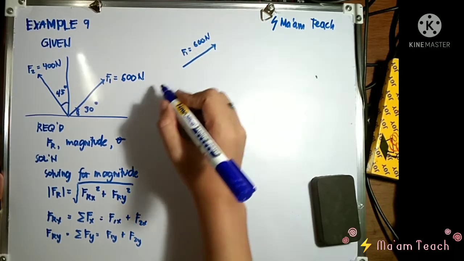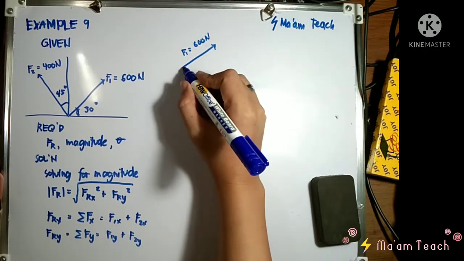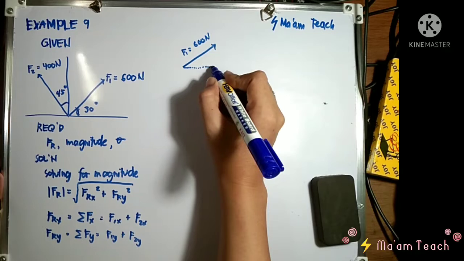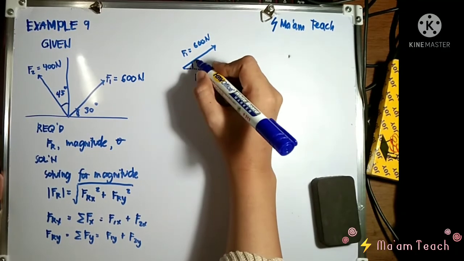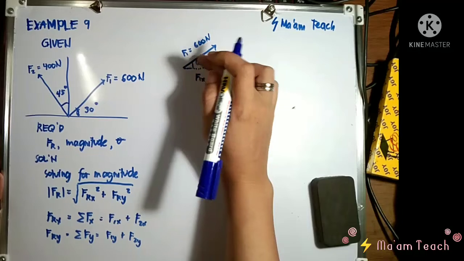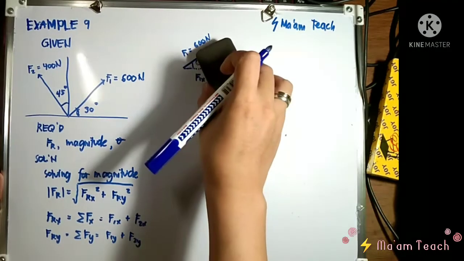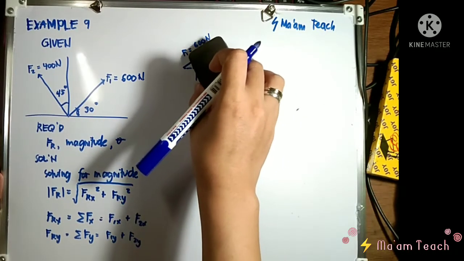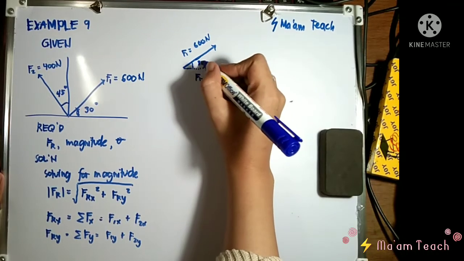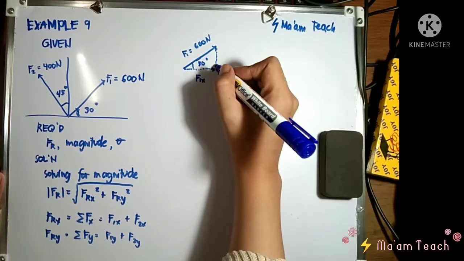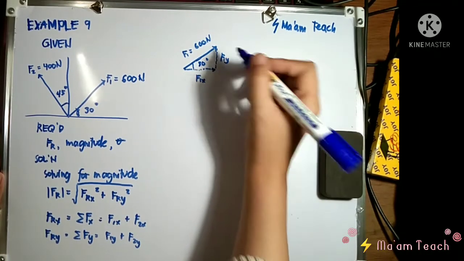So obviously the x component is right here. This is F1x. We are given the angle 30 degrees, which, as you can see, is with respect to the x-axis. And this one is our y component.